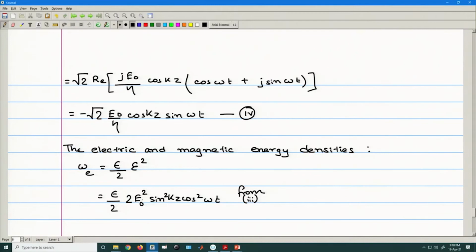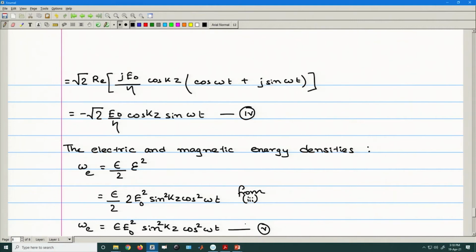So this 2 cancels out and we get We as epsilon E naught square sin square kz cos square omega t. We denote this as equation number 5.